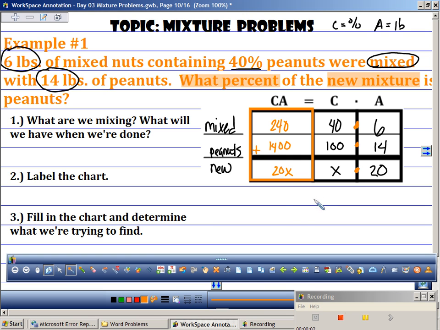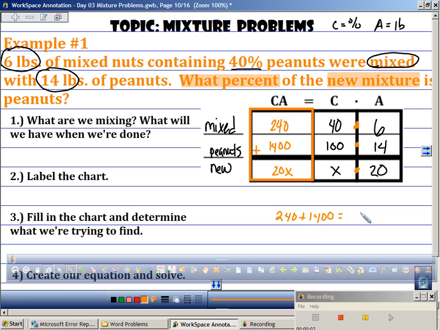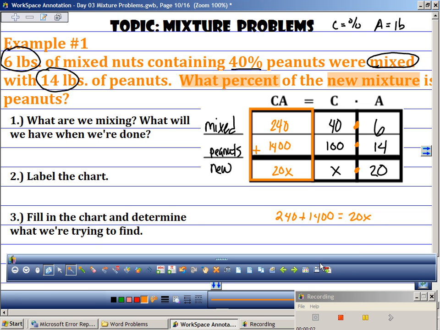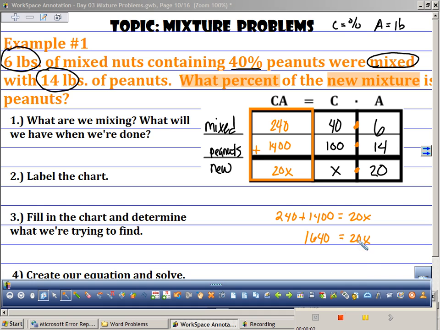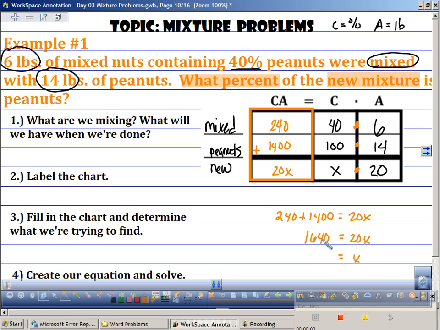So I have 240 plus 1400 equals 20X. So 1640 equals 20X. You guys have calculators. How much does X equal? 50. 1640 divided by 20 is 50.